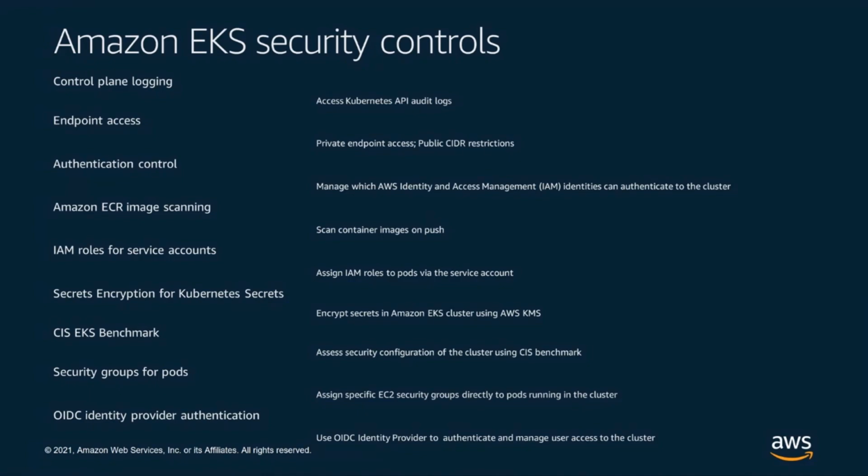In addition, we also announced security groups for pods, which integrates Amazon EC2 security groups with Kubernetes pods. This means you can use Amazon EC2 security groups to define rules that allow inbound and outbound network traffic to and from pods that you deploy to nodes running on many Amazon EC2 instance types.